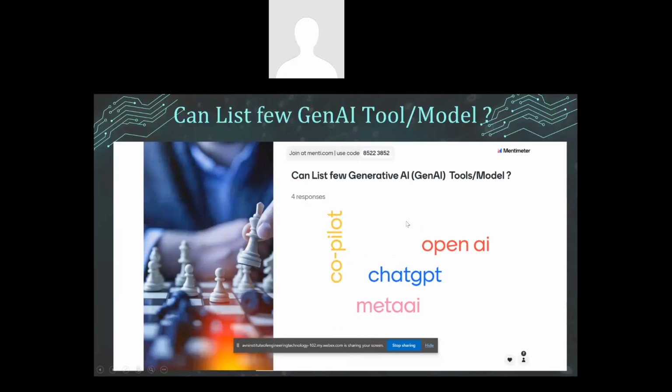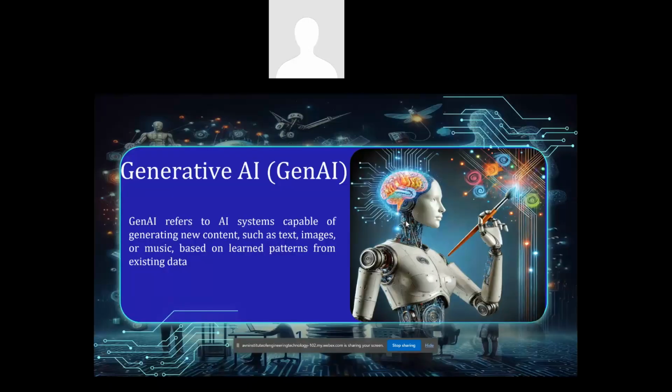Okay, I'll move on to the next slide. So generative AI, Gen AI, what does it do? It works on text, image, music.